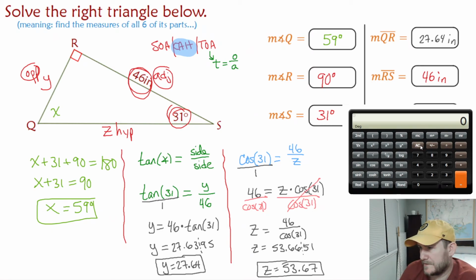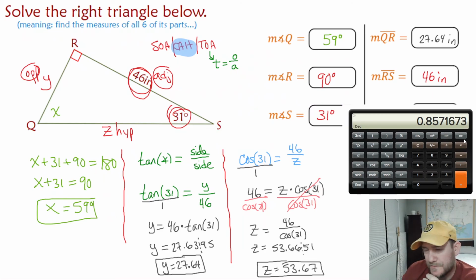Well, you can't do it, because on this one, if you press cosine, it takes the cosine of whatever is on the screen. It doesn't give you a cosine and then you can enter what you want. So to do this, you'd have to type the 31 first and then press cosine. And then that's the cosine of 31. But now, how do you divide 46 by that? I guess you just have to remember this number.